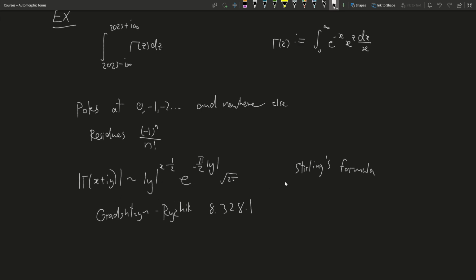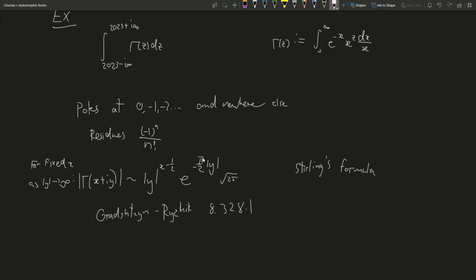So here's a reference for this fact, and this is for fixed x as the imaginary part goes to infinity in absolute value.